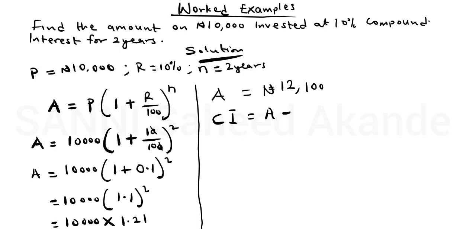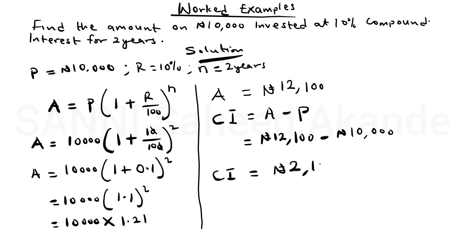The amount we just got is 12,100 naira minus the principal, which is 10,000 naira. When you subtract, we have our compound interest equal to 2,100 naira.